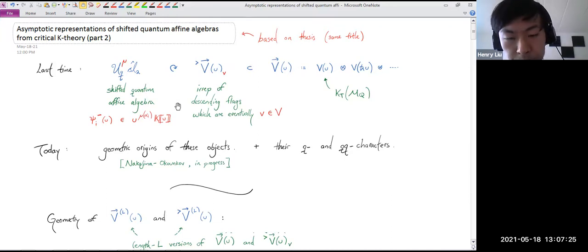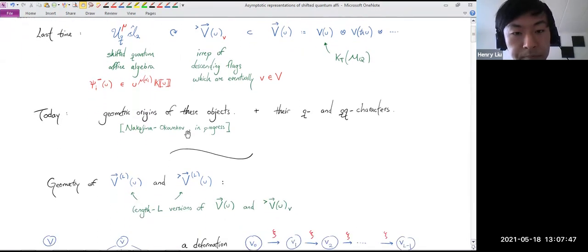And part of the machinery we'll need for that enumerative application is we'll need to talk a bit about the character theory, Q and QQ characters for these modules of quantum affine algebras, or shifted quantum affine algebras more generally. Okay, so let's get started.